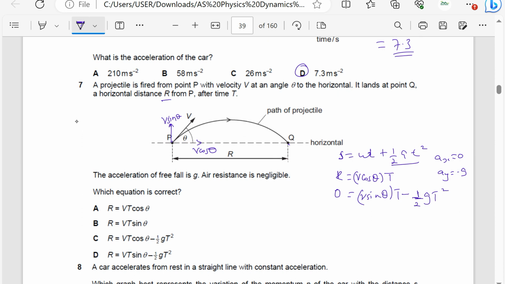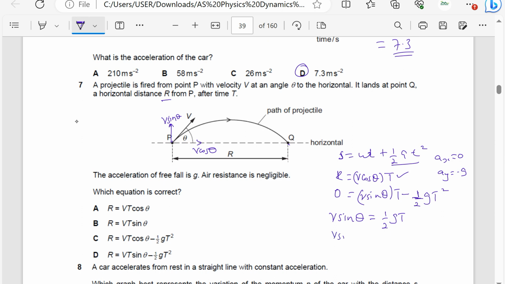So 1 t cancels out. I'll just have that V sine theta is equal to a half g times t. But I can make t the subject. In the horizontal equation, t is r over V cos theta.